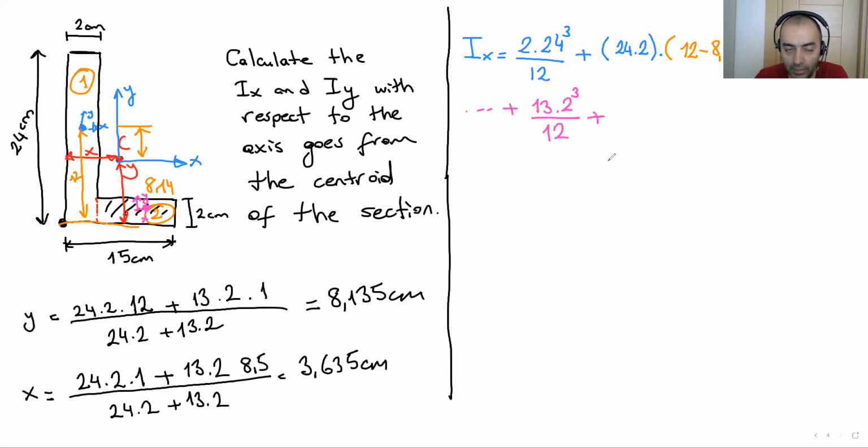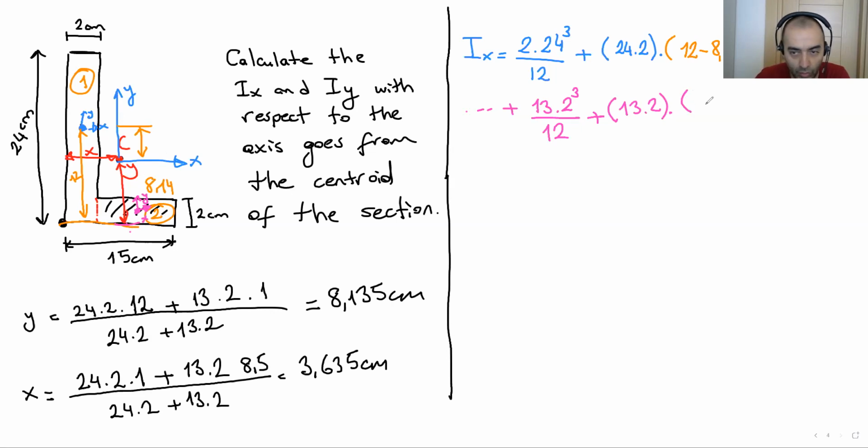Plus area times distance square. Area is this one times distance. Distance is the y, here from this baseline to the x-axis. This is y, as you can see, and we know the center of this rectangle is at the mid portion of this 2. So what is this?